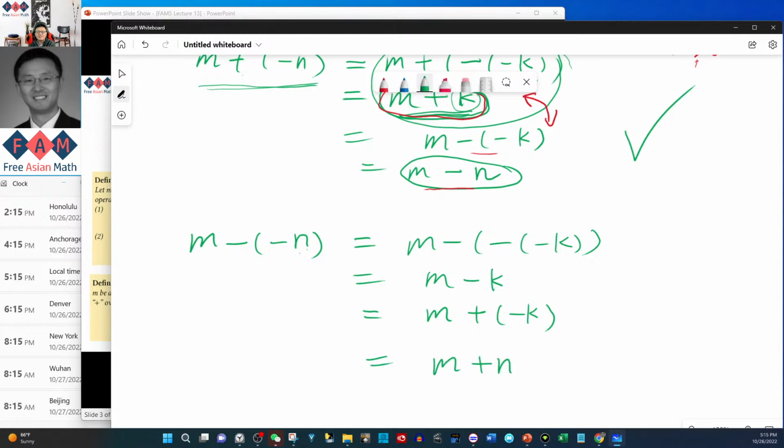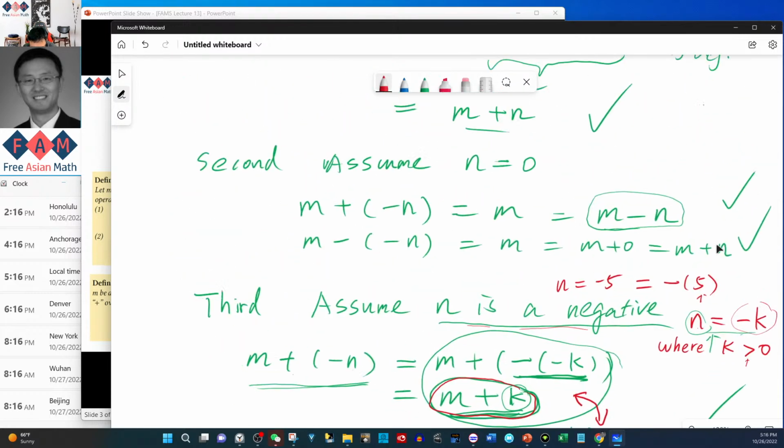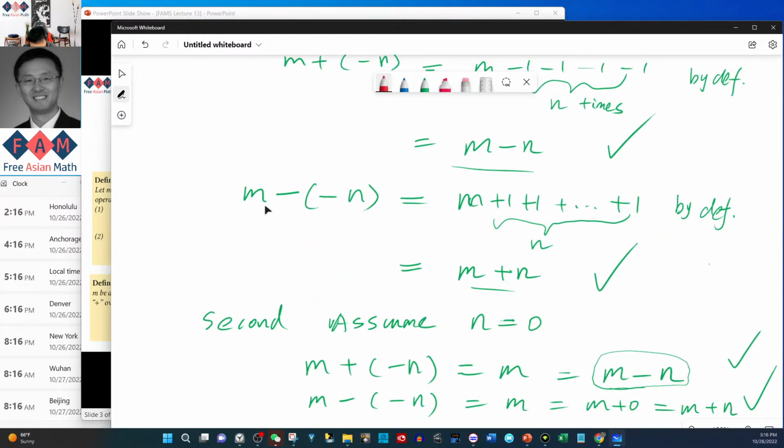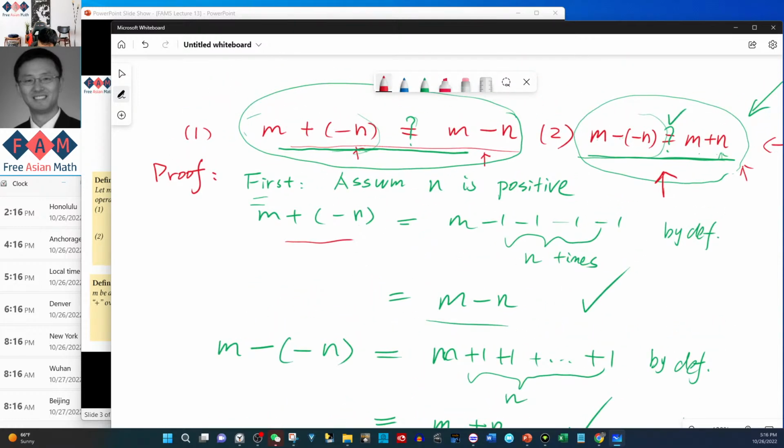So the critical thing to understand here is this step. Why is this true? Why does m minus k, where k is positive, equal m plus the negation of k? We just proved this in our first case when n is positive, right here.